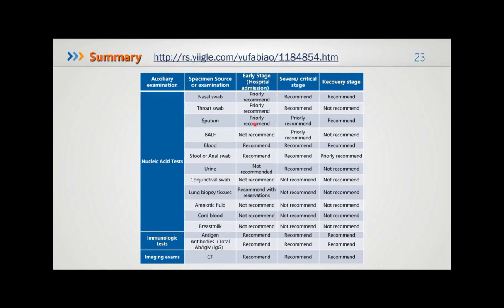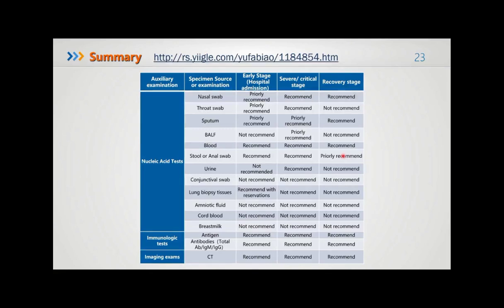During the critical stage, if nucleic acid tests for nasal swab and throat swab have negative results, the sputum and the BALF sample would be the best choice. For monitoring the patient's recovery, stool or anal swab are preferred.